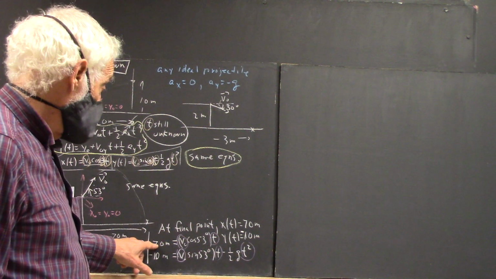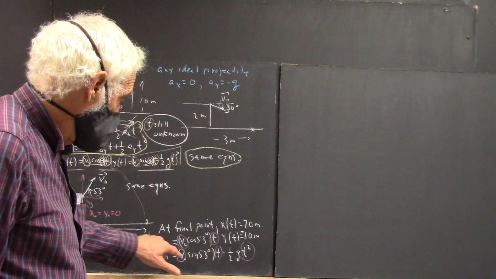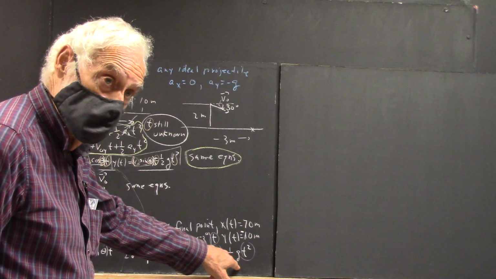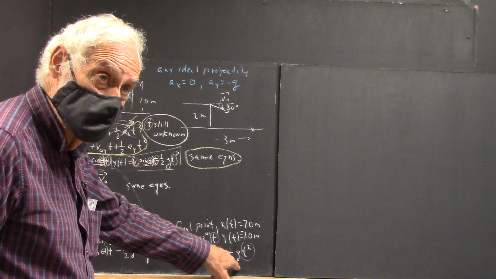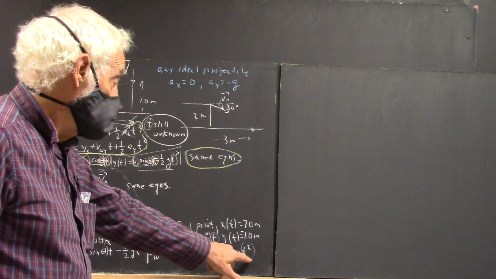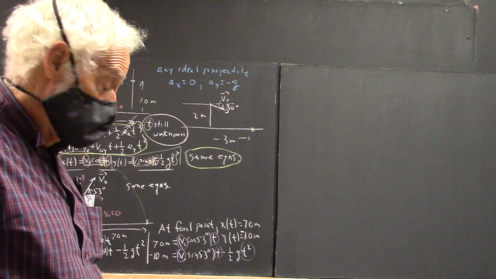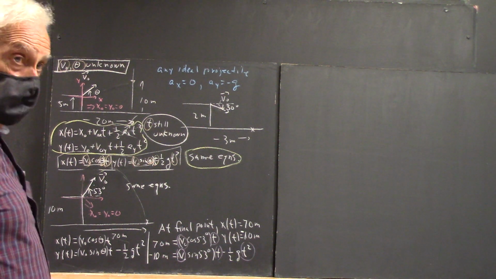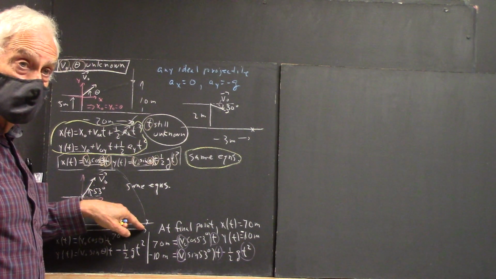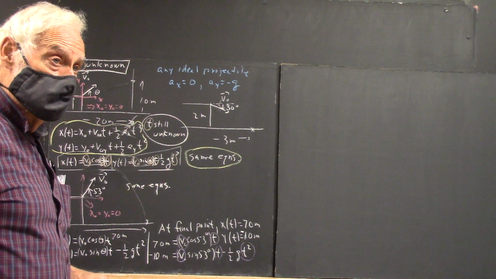And the v naught's going to be in the denominator, which means this t is going to have a v naught in the denominator that'll divide out the v naught you have here. This will have a v naught squared in the denominator. That's going to be okay, because v naught's going to be the only thing that's unknown. You're going to be able to solve for v naught. That's going to be an easy equation to solve. So that's an easy situation. And again, we know intuitively that if we give this just the right speed, it's going to land there. It is possible to land here with a 53-degree initial angle.